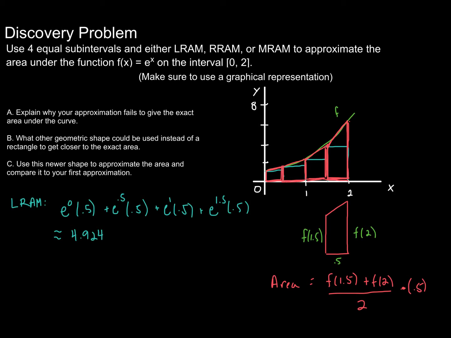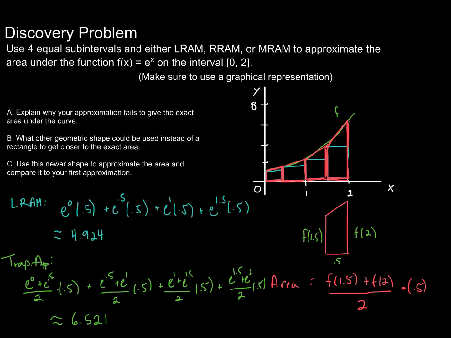So let's go ahead and use this trapezoidal approximation then to make a more refined computation. Here's the trapezoidal approximation, and I'll walk through very briefly the first trapezoid. The first trapezoid has a left vertical side length of e to the 0, and the right vertical side length is the value of the function at that right endpoint, which will be e to the 0.5.